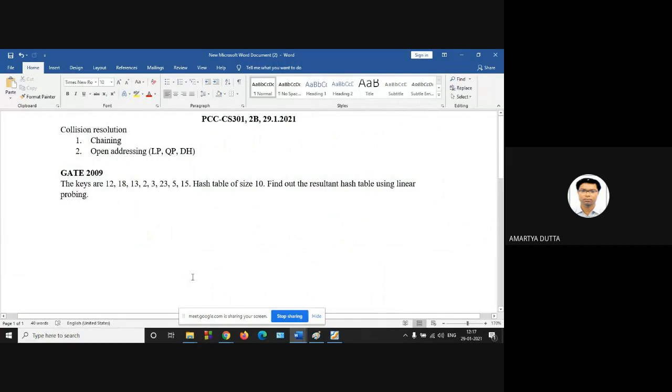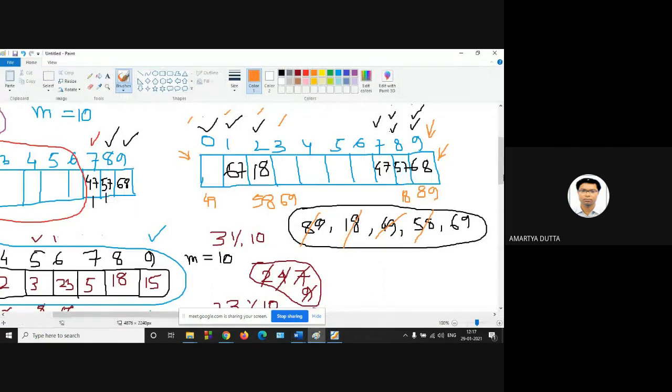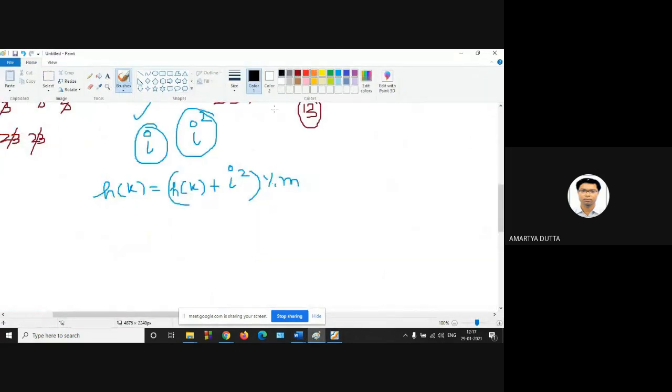Double hashing is actually out of syllabus, so just follow the formula. This is HK.